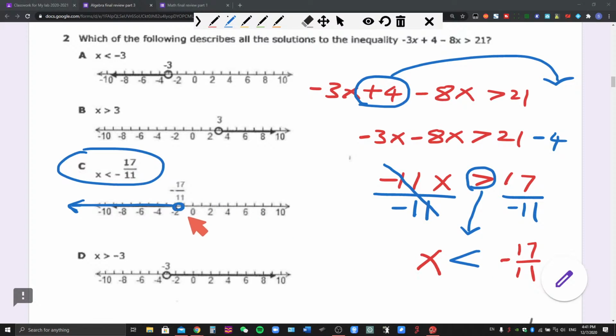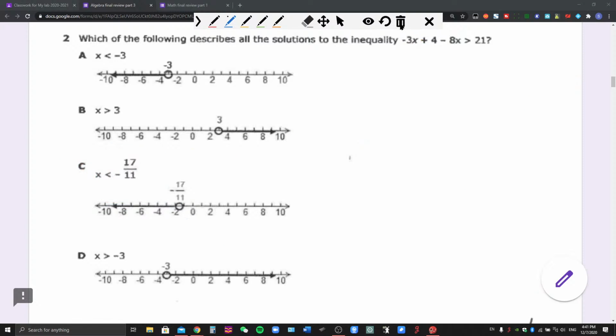It means it's less than, so it's an empty circle. If it's less than or equal to, then you have a solid circle. Here, it's empty because it's not equal to. So for this question, the answer is C. Now let's go to question 3.